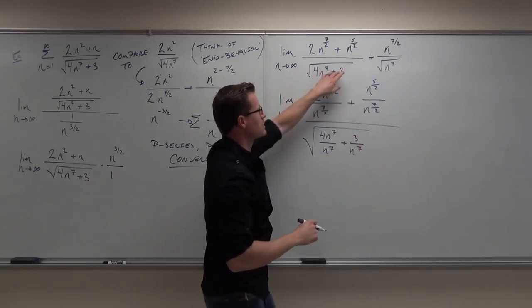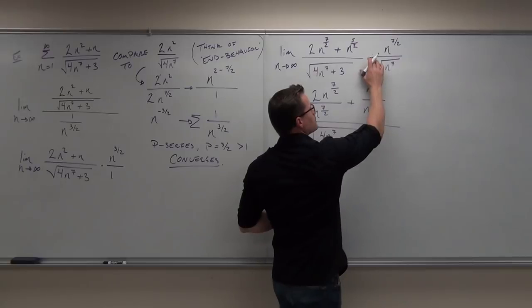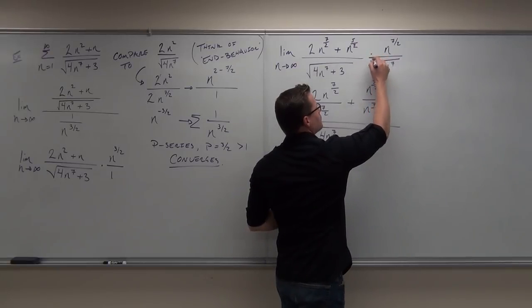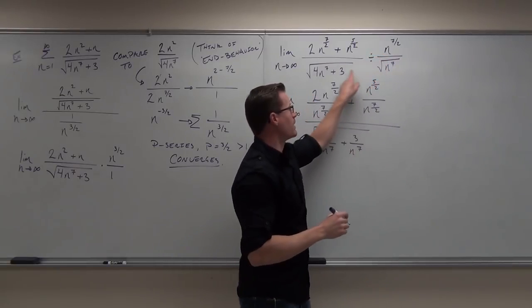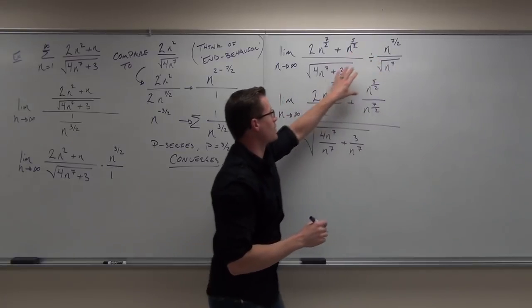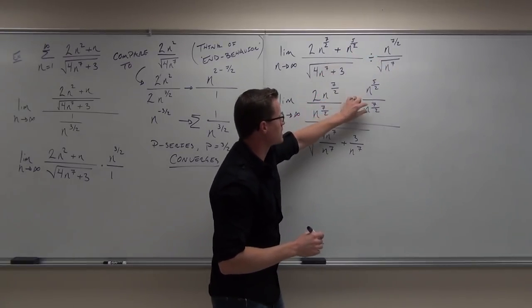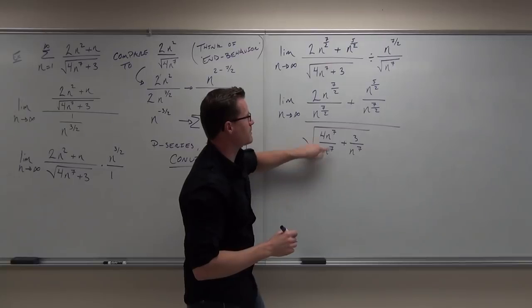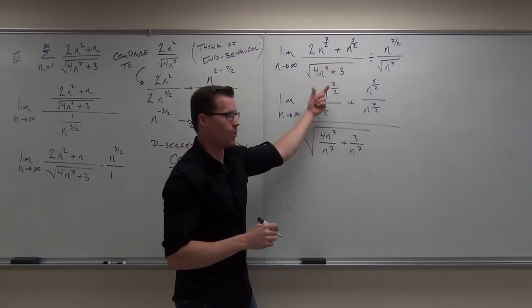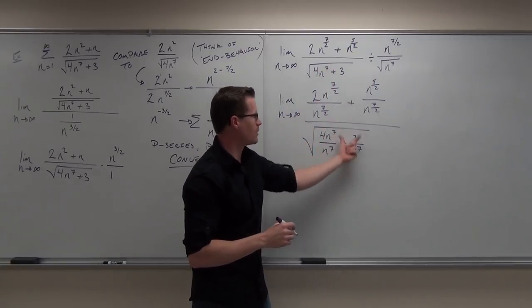I'm going to show you every step here. I want to make sure that you understand that we are not multiplying here, we're dividing by each of these terms. That's why we have this over n to the 7 halves, and over n to the 7th. Because we have 2 square roots here, we can make that one large square root.